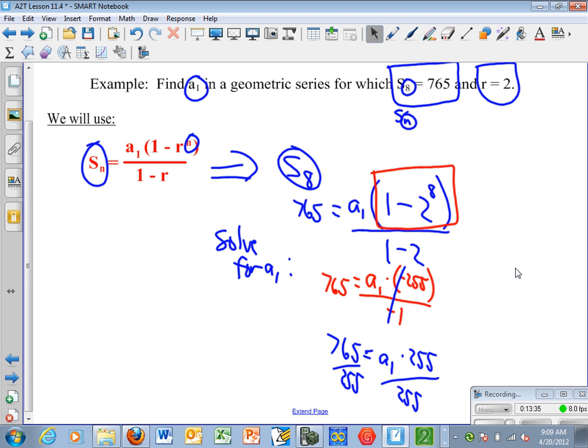So A1 is equal to 3, which means my first term is 3. So that's kind of working backwards in the sum formula, or one of those sum formulas. And that is lesson 11.4.